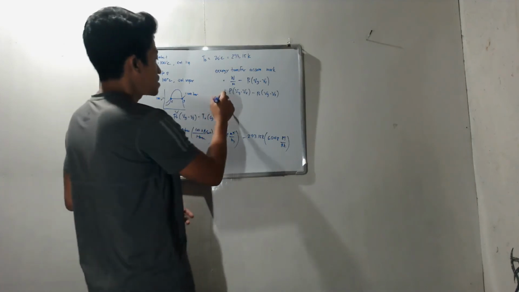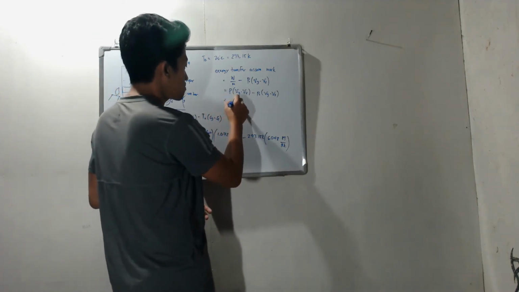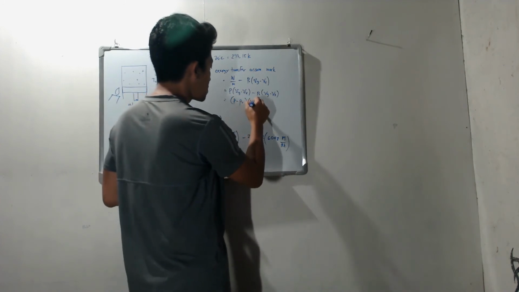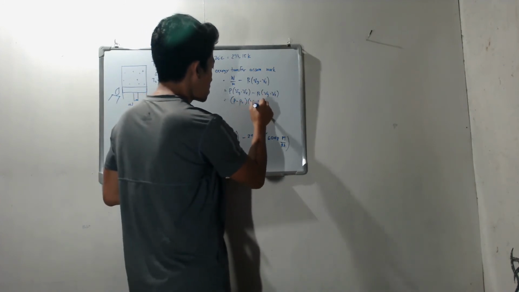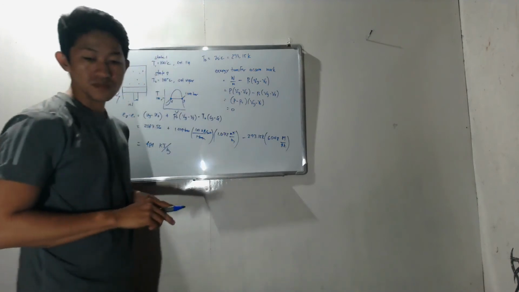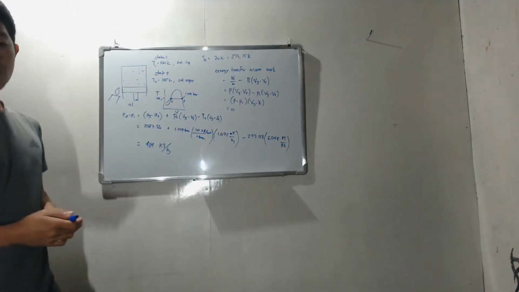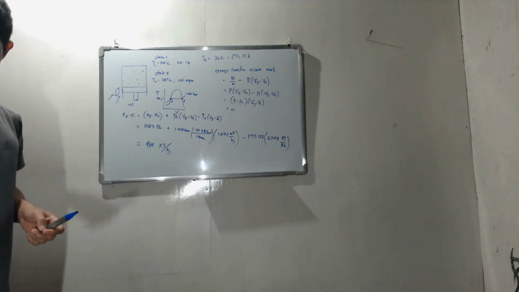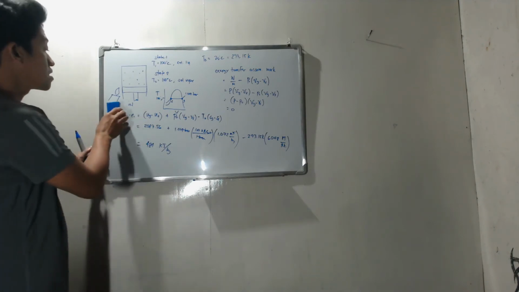Therefore, P minus P0 is equal to 0. No exergy transfer by work. Okay, it is 0.